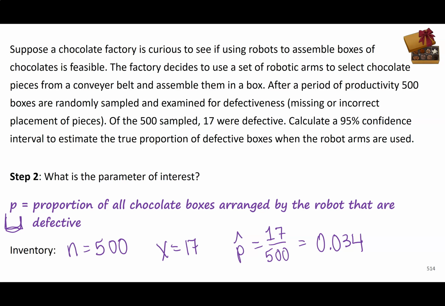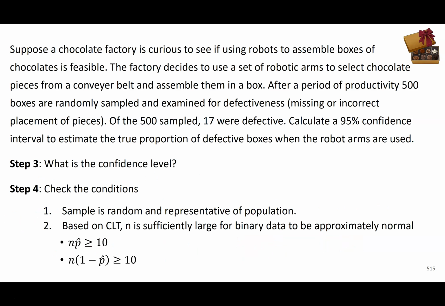So it looks like 3.4% of this sample of 500 boxes that the robot put together were defective. So, they can just send them over to me. I can test the chocolate. It'll be fine. So my confidence level, that's just right here.